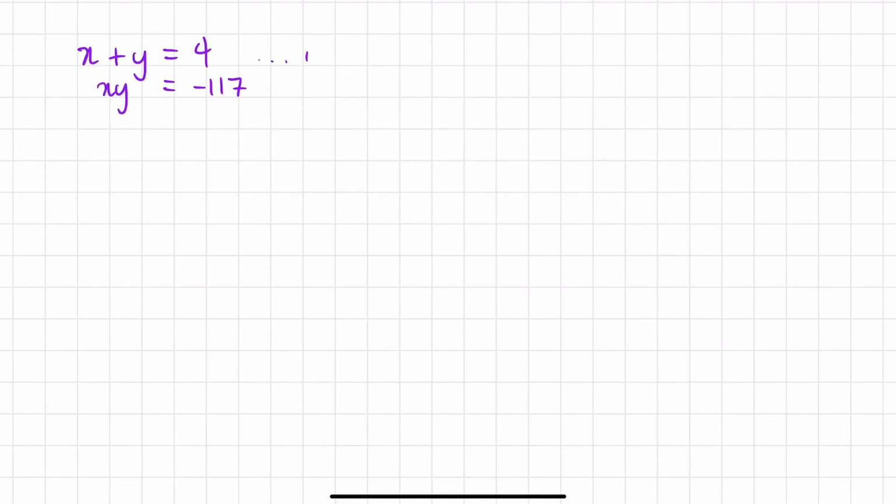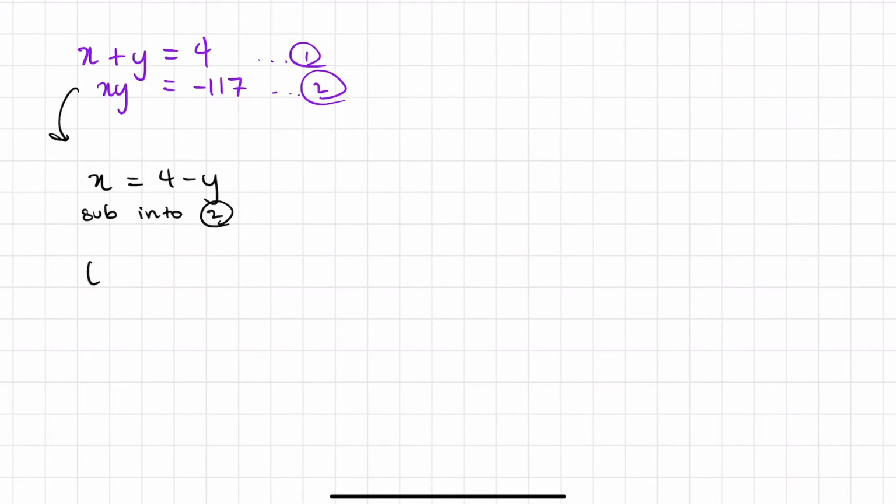So let's call this equation 1 and equation 2. In equation 1, let's just say x is equal to 4 minus y. So move the y to the other side, and let's sub into equation 2.